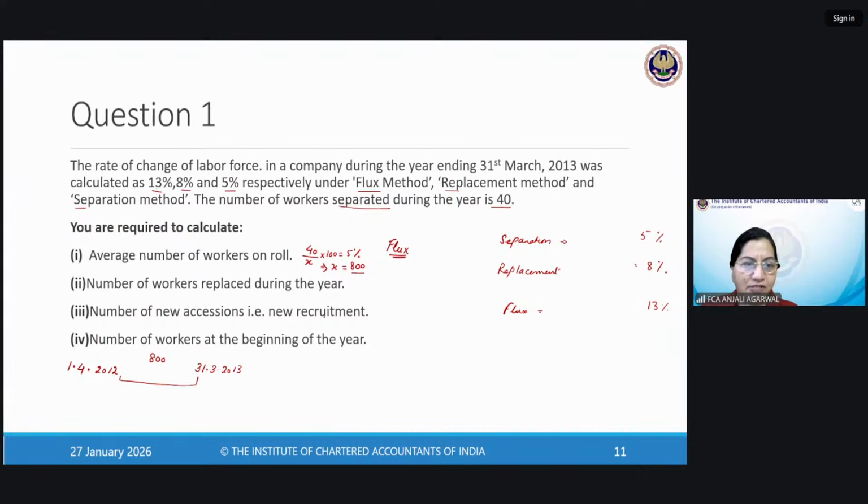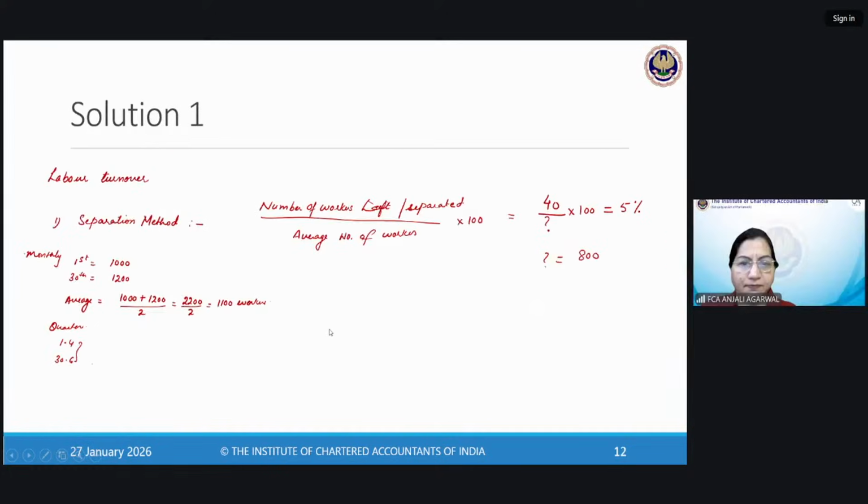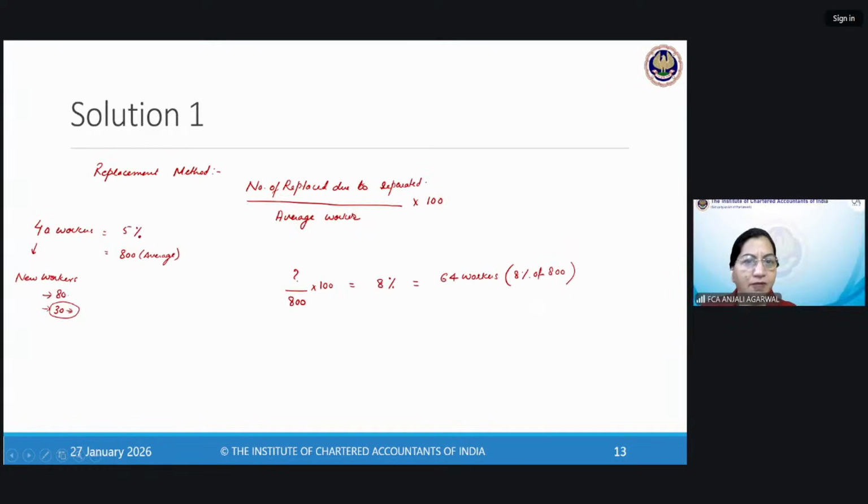Number of new accessions and number of workers at the beginning of the year. What do we mean by new accessions here? So it is possible that an organization has 1,000 workers, okay?